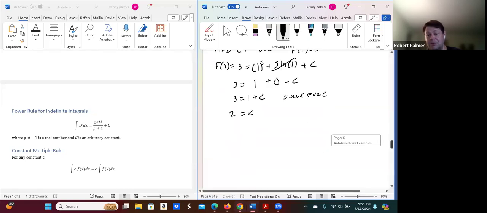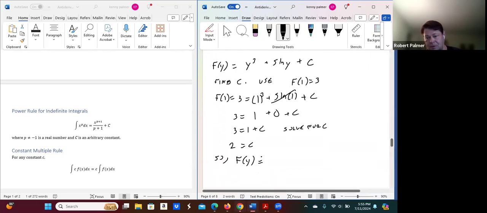Okay, so f of y is equal to y cubed plus 5 times the natural log of y plus 2. And once again, this is what's called a particular antiderivative.